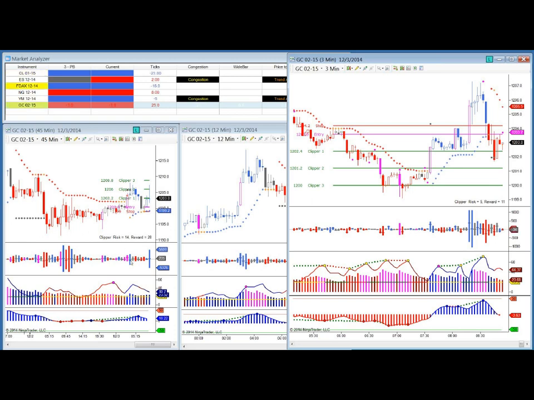Sellers took over on that high, so I said, they're going to take it short. And I went short and was able to get 3 clipper levels. Now, was that a little bit more complex than what I teach in the trading room? Sure. I can only teach so much in the trading room. Everybody understand that?